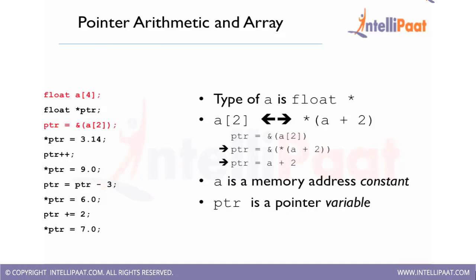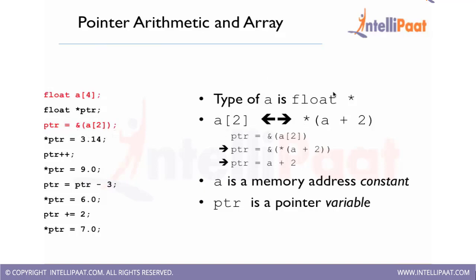So pointer arithmetic in arrays: how do we do pointer arithmetic when we talk about arrays? Let's suppose we have a float array of size 4. We have a pointer, and the pointer is pointing to the address of a2.